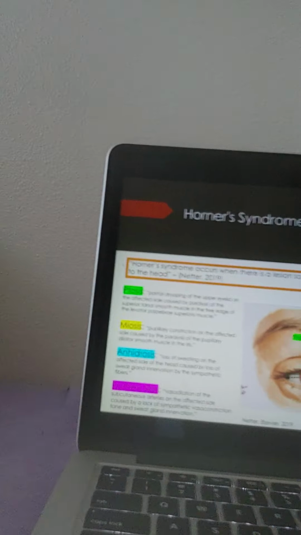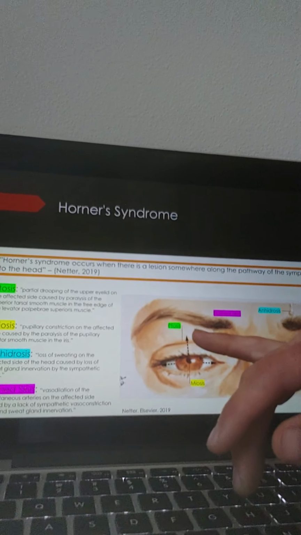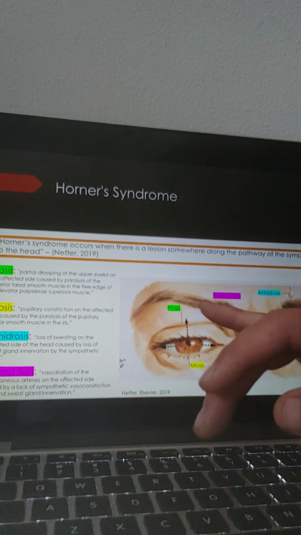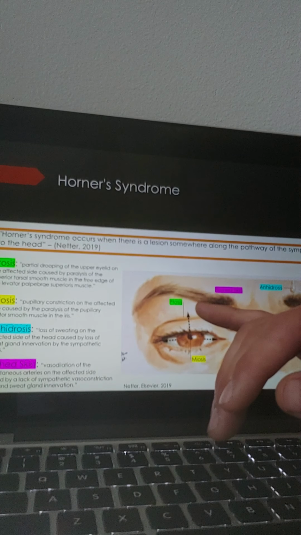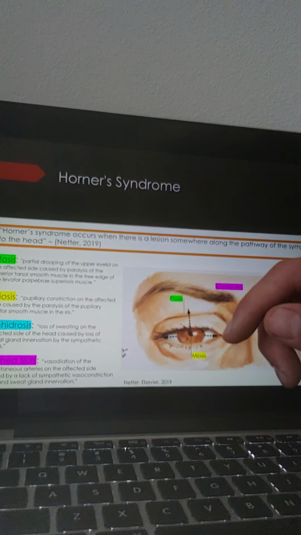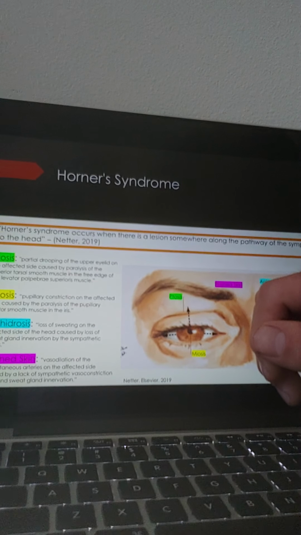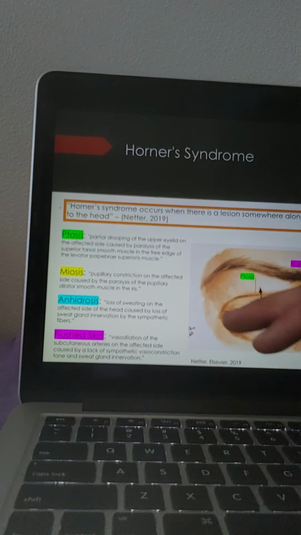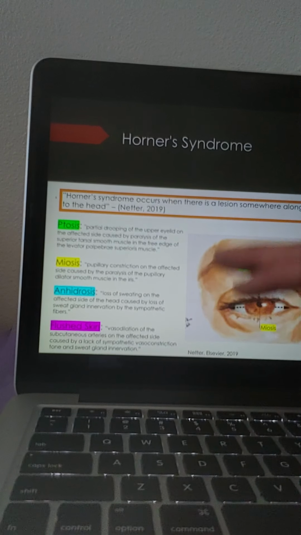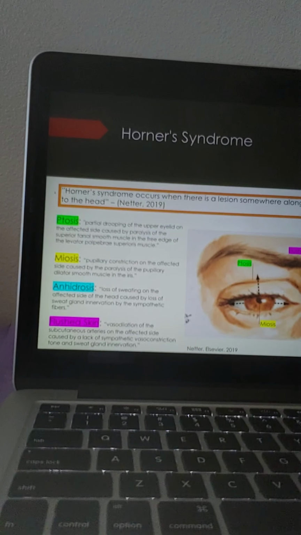There are other symptoms of this, such as a droopy eyelid, known as ptosis, again caused by the nerves innervating this eyelid going faulty, anhidrosis, loss of sweating on the affected side, because these sweat glands apparently are innervated.